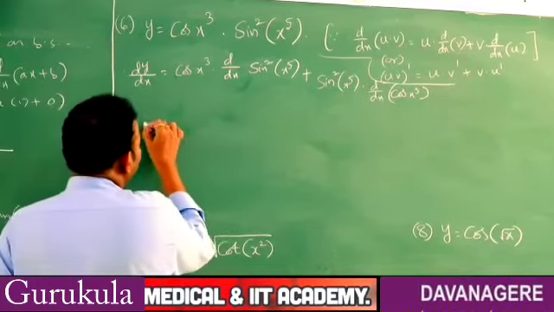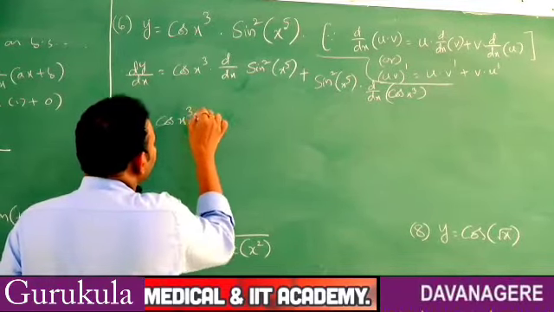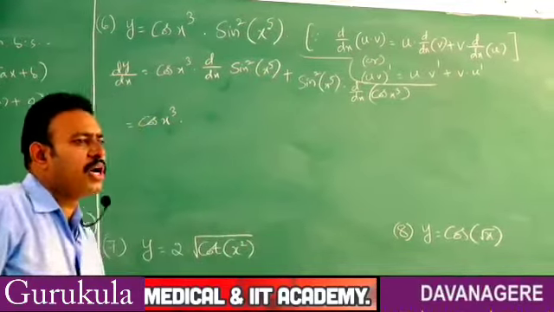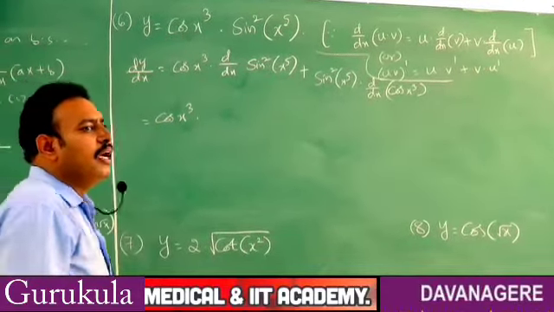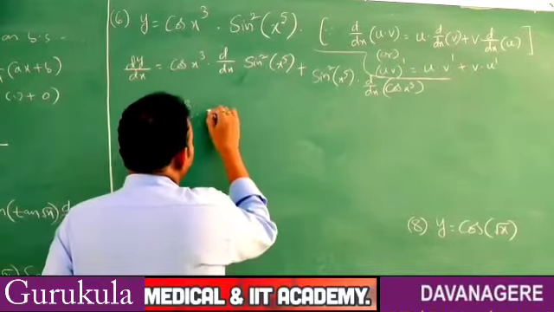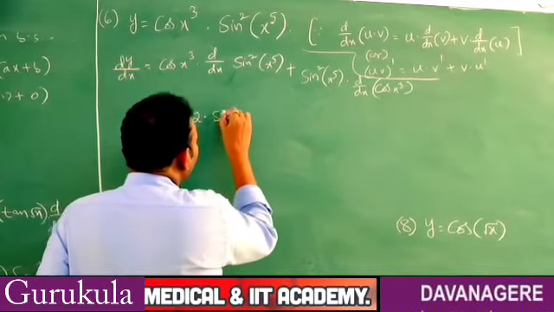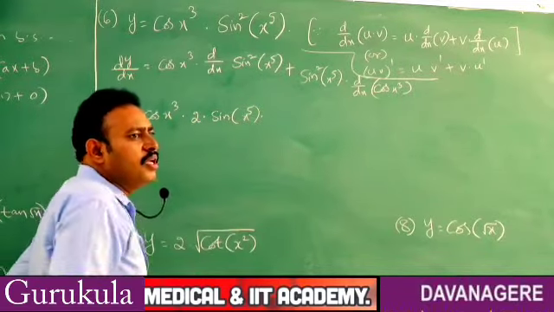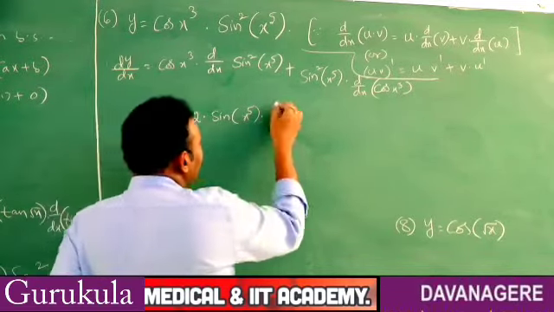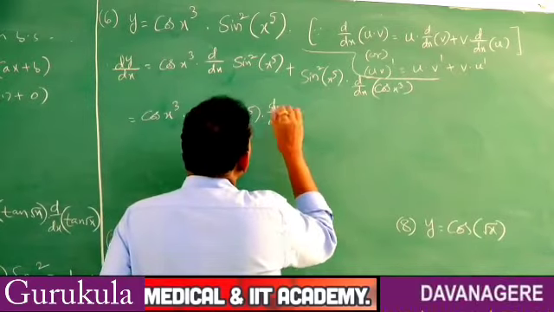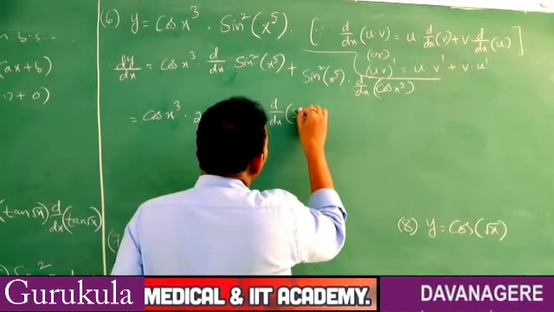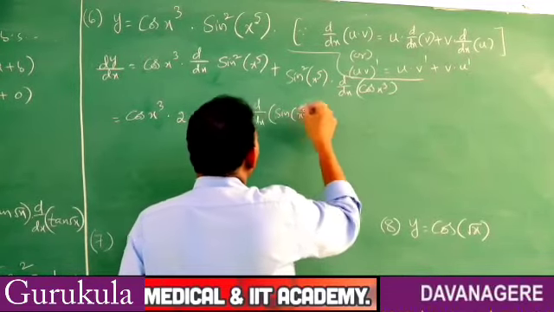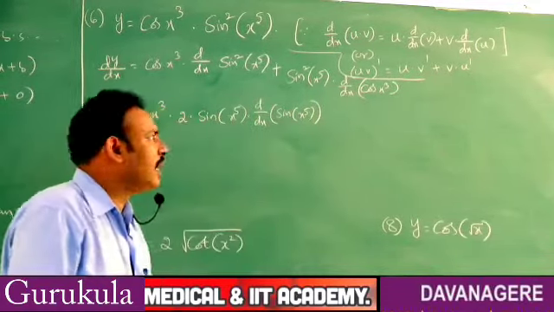Now I am writing cos x cube into sine square x to the power of 5. Using the power form, d by dx of x power n is n into x to the power of n minus 1. In place of x, sine of x power 5 is there.